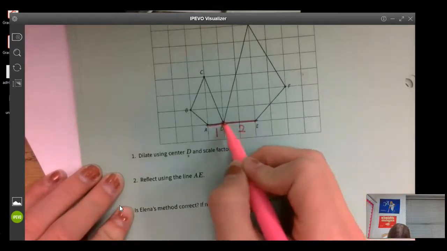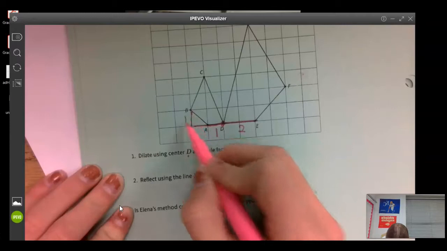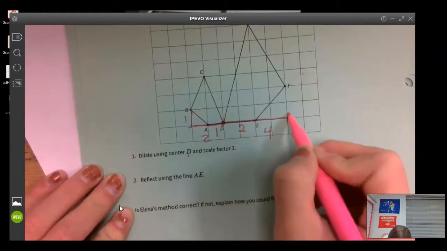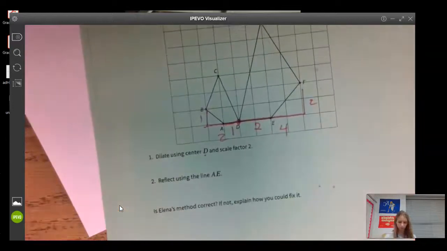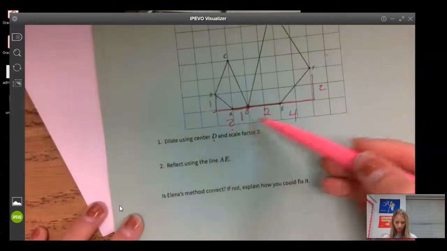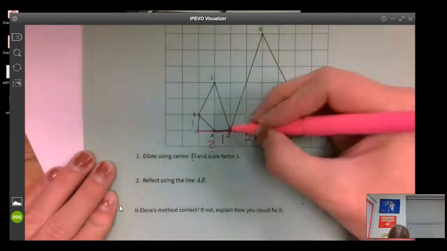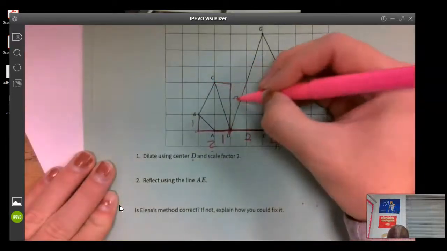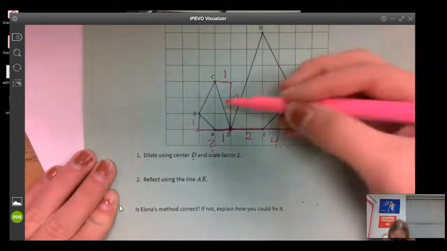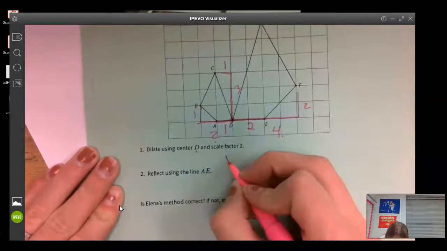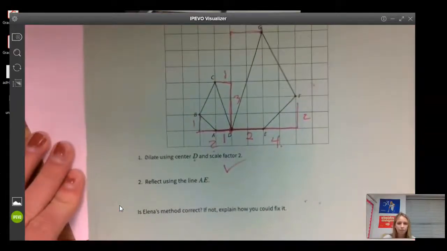Now let's go over here. 2 by 1, and then it's 4 by 2. Once again, 2 times 2 equals 4, 1 times 2 equals 2, so we're still good. 3 by 1, so our next one should be 6 by 2. 6 by 2. Okay, so that is correct.